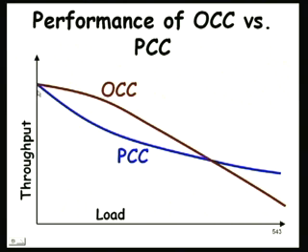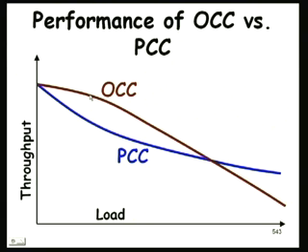Zero load means no throughput, actually no transactions are completing, and as the load increases, the throughput of OCC is much better than the pessimistic protocols, because here the transactions operate freely on the data items and hardly is there any conflict.